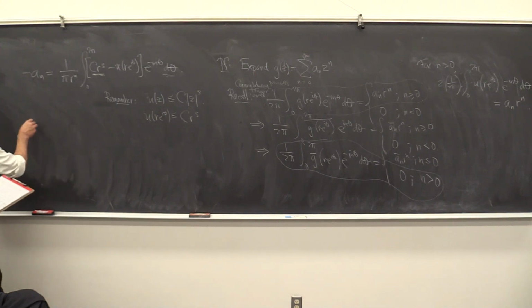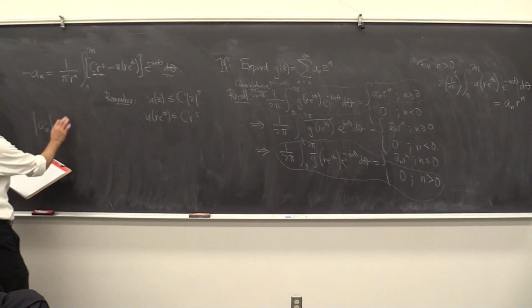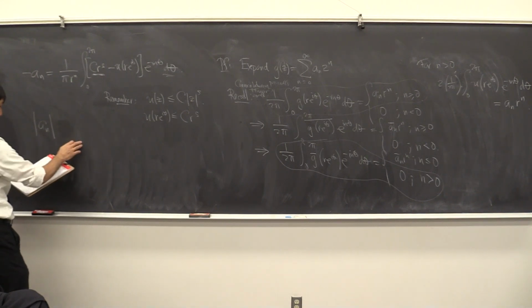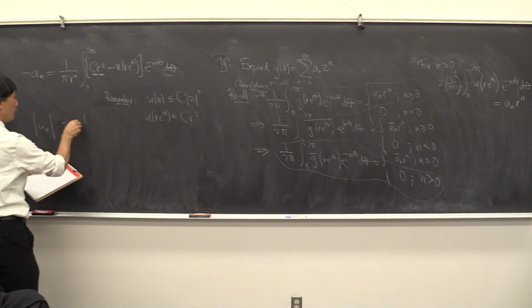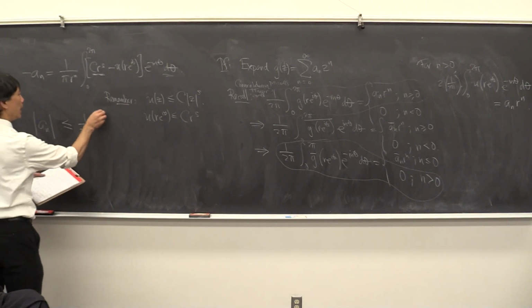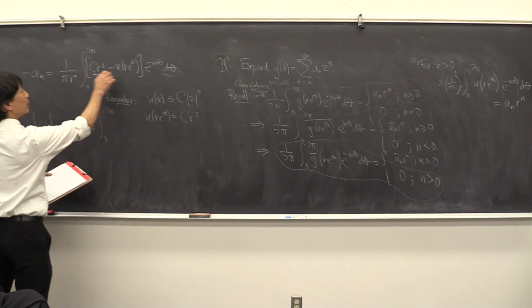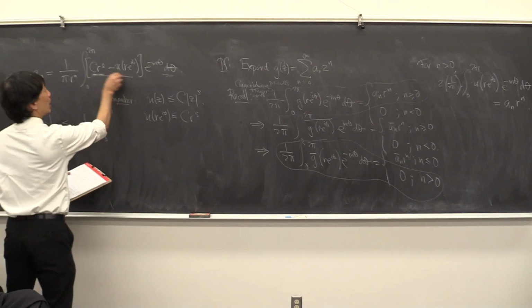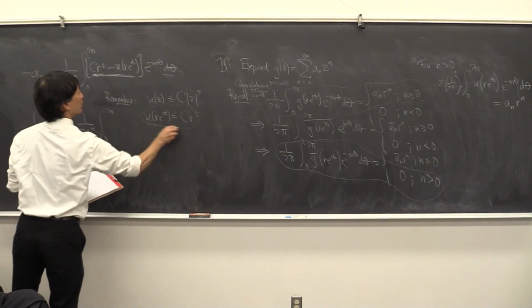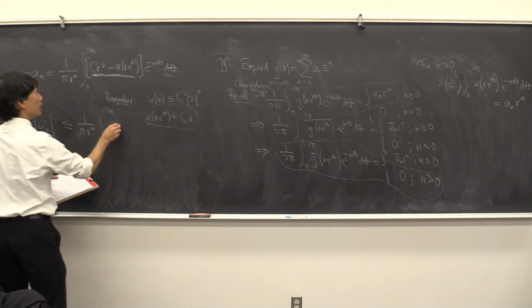Okay, so now let's take the absolute value of both sides. We get that this thing is controlled by 1 over pi R^n times the absolute value of the inside. So we're using the triangle inequality. This thing is positive by assumption, so it just stays as is.